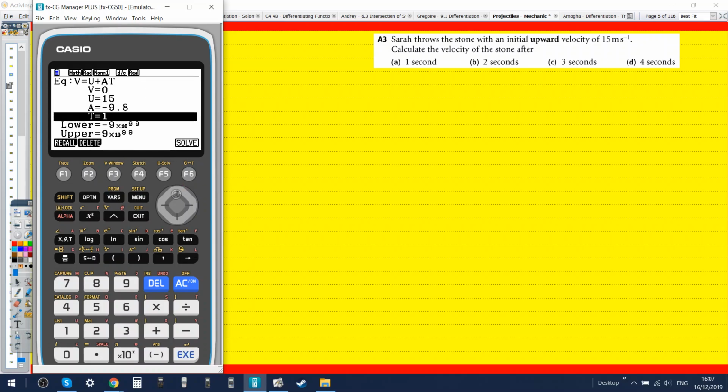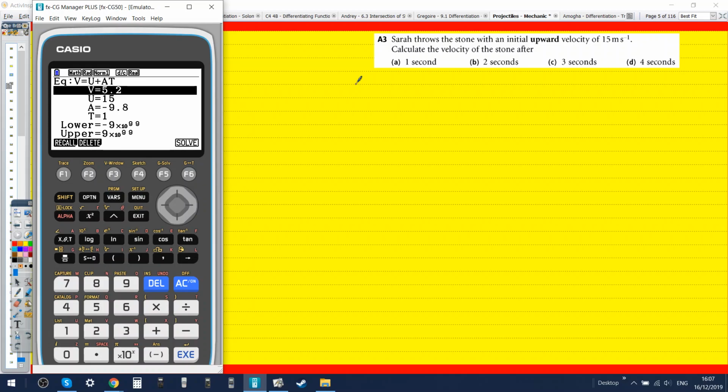If I go to my v, solve, I'm getting 5.2, but I did this a slightly different way. She throws the stone upwards. Calculate the velocity of the stone after 1 second. So what was u? That's 15.